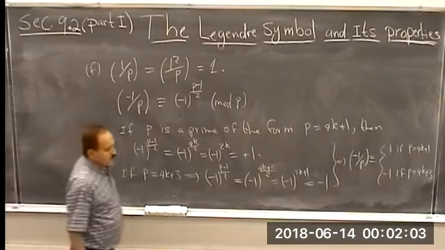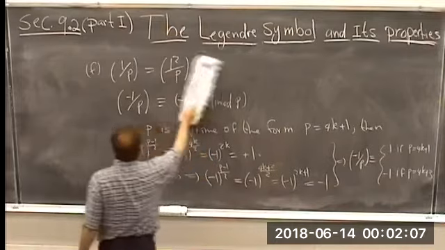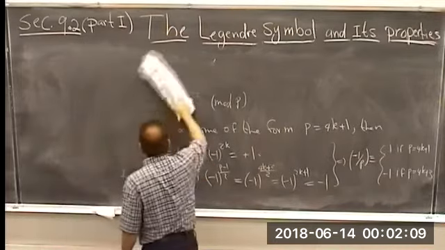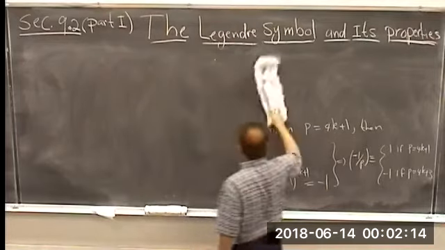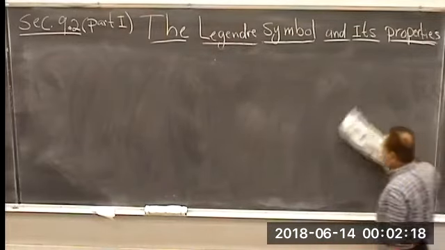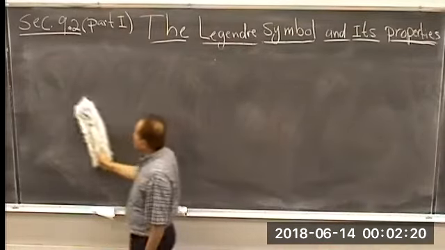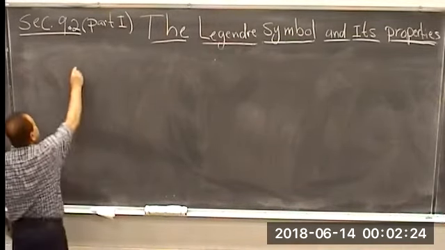All right, next let's look at exactly what this says, and put it in the remark. As I said, the Legendre symbol is an indicator to indicate whether a certain integer is a quadratic residue or not.